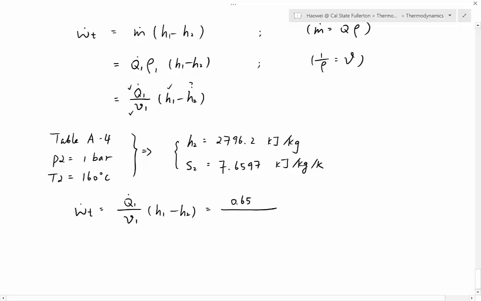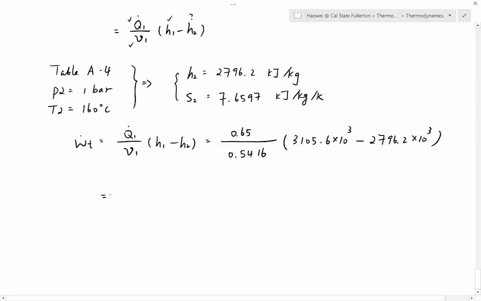Divided by nu 1, which is 0.5416 cubic meter per kilogram, SI unit. Multiplied by H1, 3105.6 kilojoule per kilogram. So we convert it to joule per kilogram by multiplying by 1000, minus 2796.2 kilojoule per kilogram. Again, multiply by 1000 to convert kilojoule to joule.